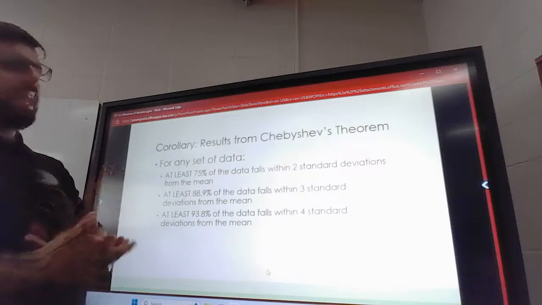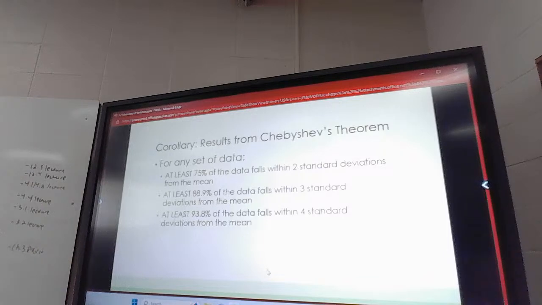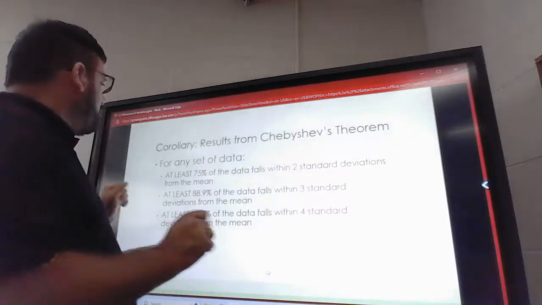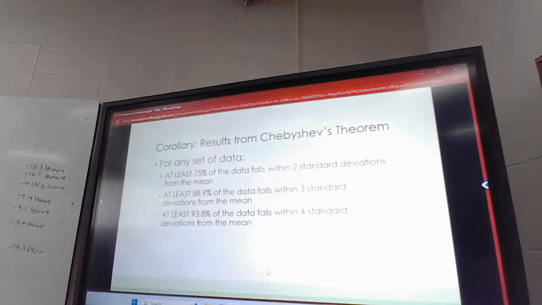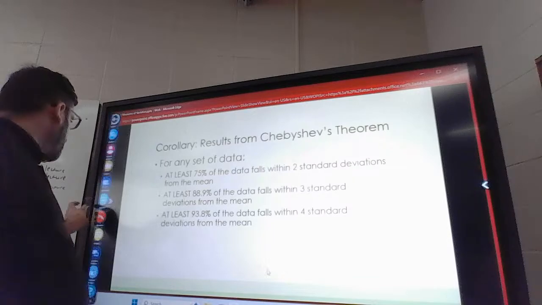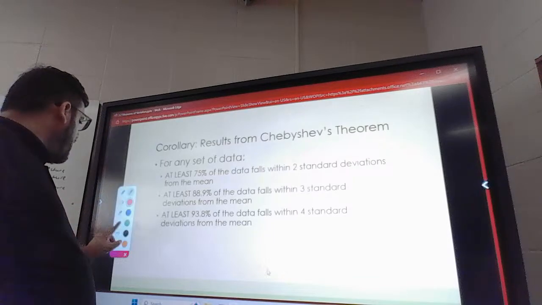For any set of data, no matter what it is, at least 75% of the data falls within 2 standard devs from the mean. Let's write this down mathematically.